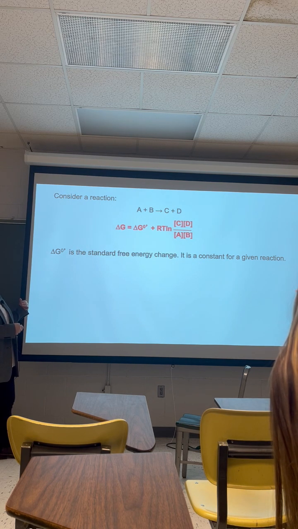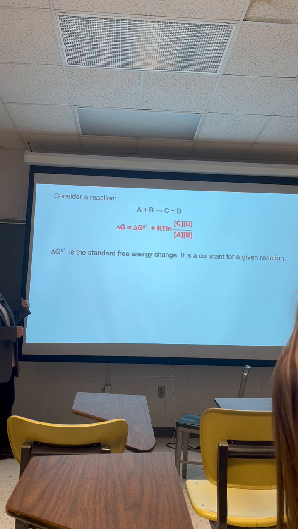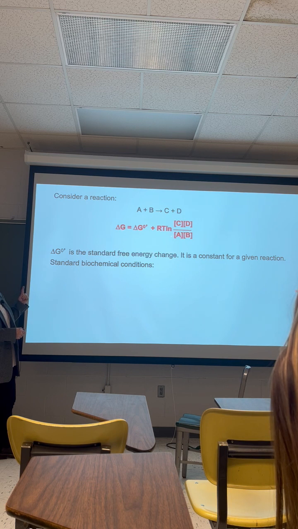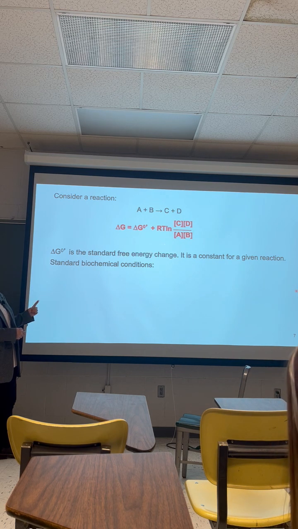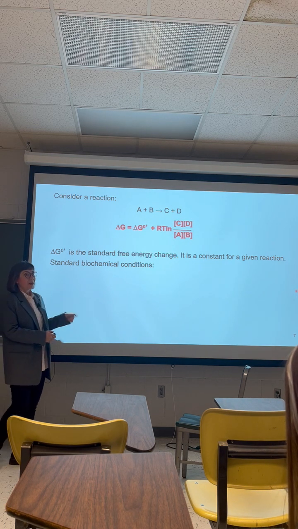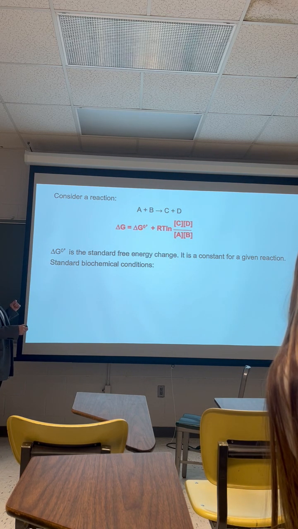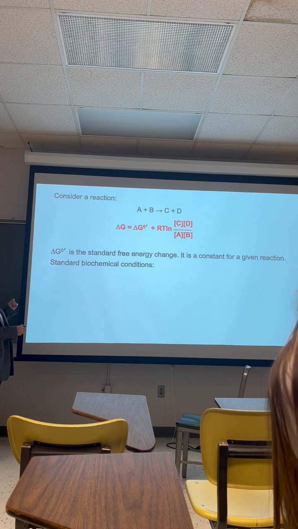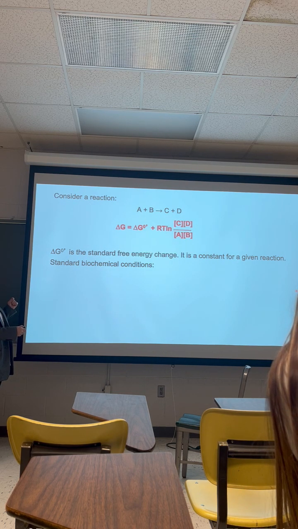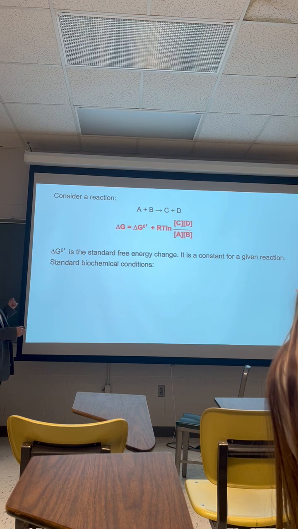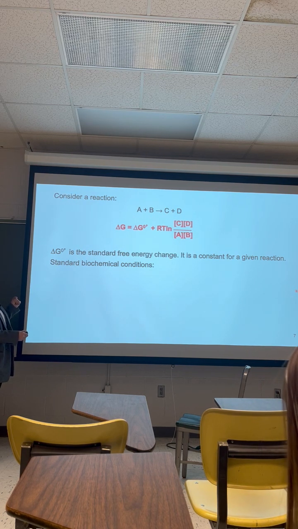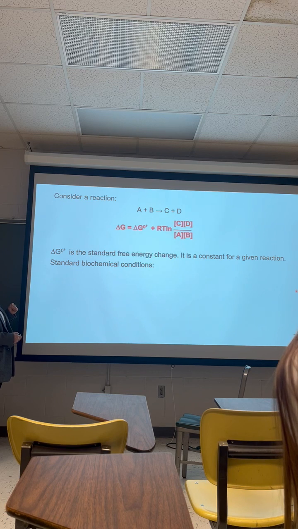Plus, we have an additional term, RT, natural logarithm, not decimal logarithm as in the case of pH or the Henderson-Hasselbalch equation, natural logarithm of the ratio of the concentrations of the products, C times D, divided by the concentration of substrate A times concentration of substrate B.